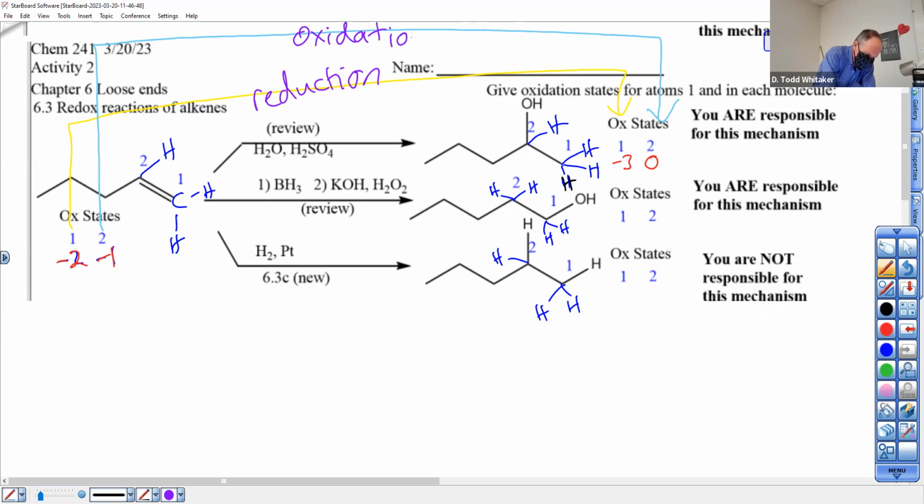Now I'm going to be a little more detailed. What change was the oxidation? +1, +2, +3, the difference from beginning to the end. +1. Up, +1. What about reduction? Down by how much? -1. These cancel.